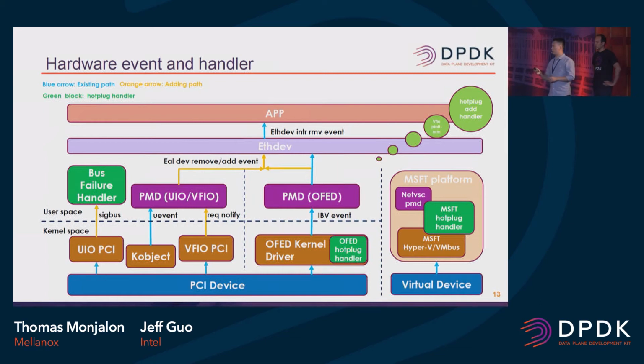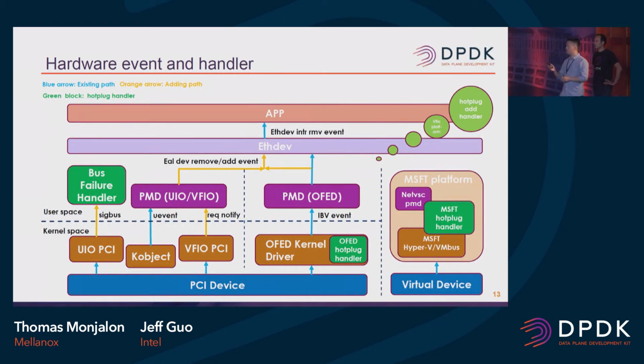Because the UIO PCI and the VFIO PCI have different Hotplug mechanisms in the kernel driver. For the UIO PCI, we can detect the SIGBUS error and use the bus failure handler to handle the Hotplug. I will detail it on the next page.